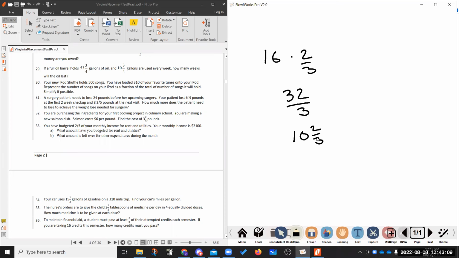Logically, I'm going to have to pass more than this to meet the financial aid requirement. So I'm going to need to pass at least 11 credits, because you can only pass whole credits. You can't pass a part of a credit. So that's one of those cases where you need to round up, like we were talking about before.